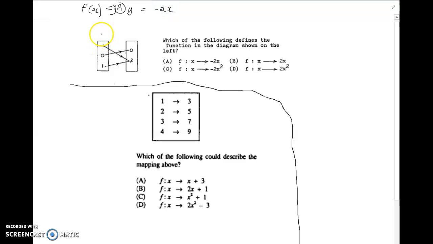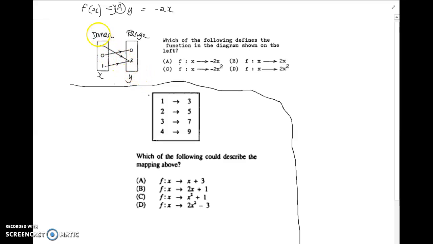Now I should have mentioned before that on your left hand side, this is normally your domain, and this is normally your range. In other words, your domain is the x values, your range is the y values. So basically, we just need to substitute values to figure out which one works.